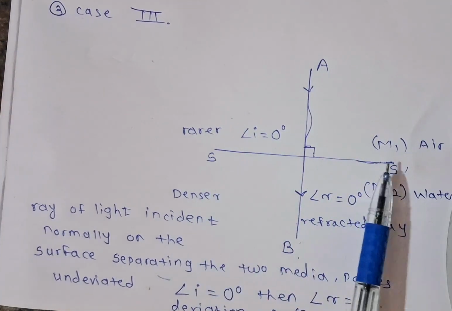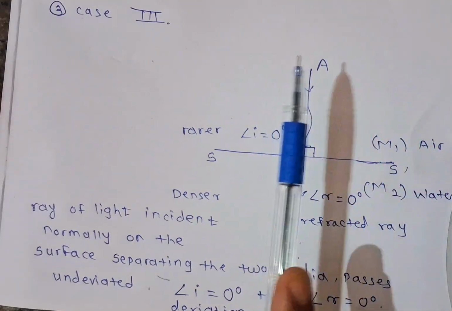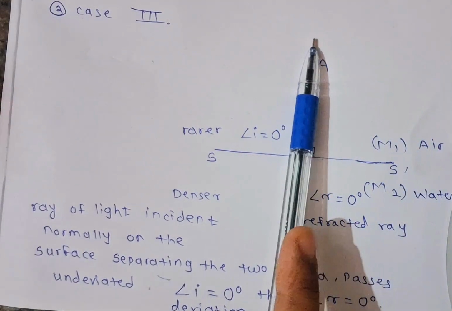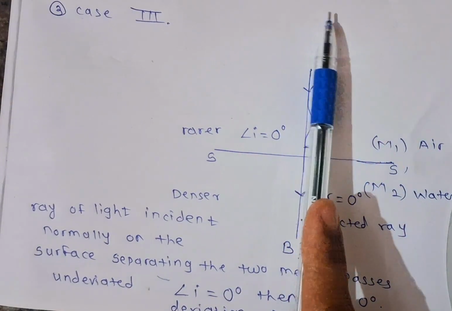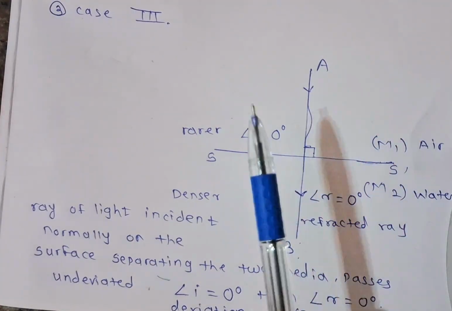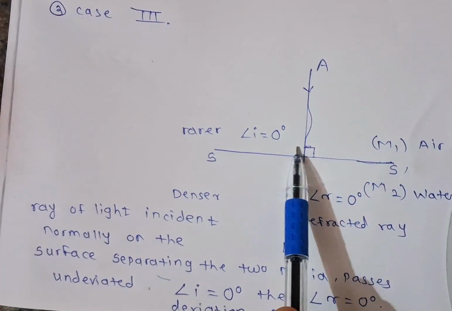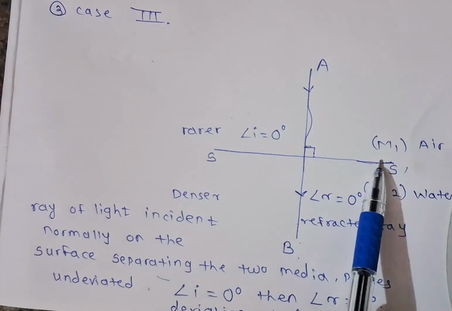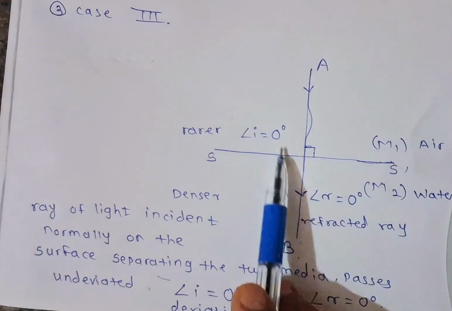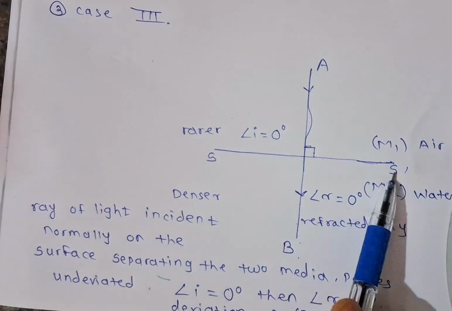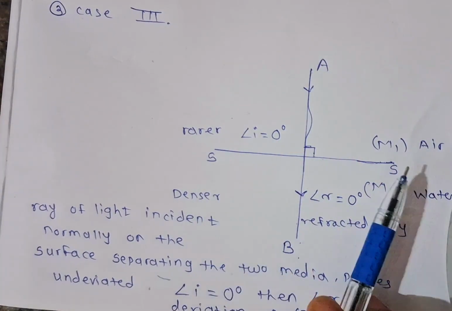This is the same S dash glass slab. Now the incident ray is along the normal, and it is making a 90-degree angle with this glass slab. This is perpendicular. Okay, this incident ray is perpendicular to the glass slab.